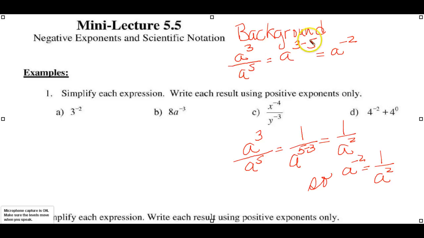It changes its sign, that is, we're going to subtract, and we end up with a to the negative 2. But here they're telling us they only want positive exponents.